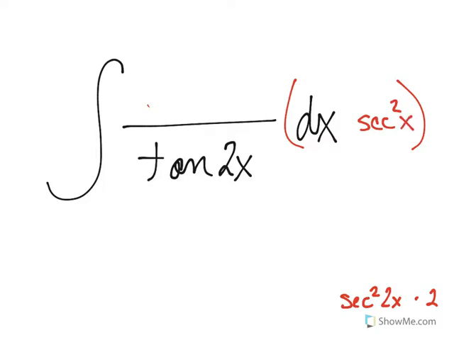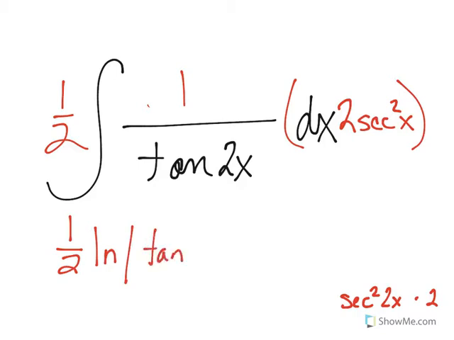But I still need a 2. I'll add a 2 in. I'll put a 1/2 on the outside to counteract it. So the integral of 1 over something is equal to 1/2 ln of that something plus c. So it's all about making sure we have the derivative of the inside sitting over here.